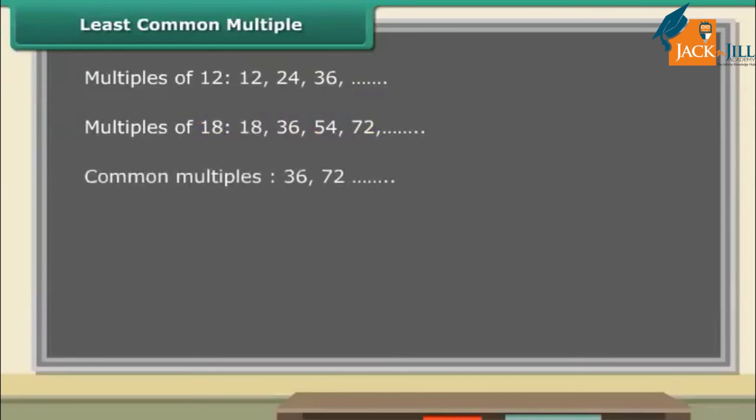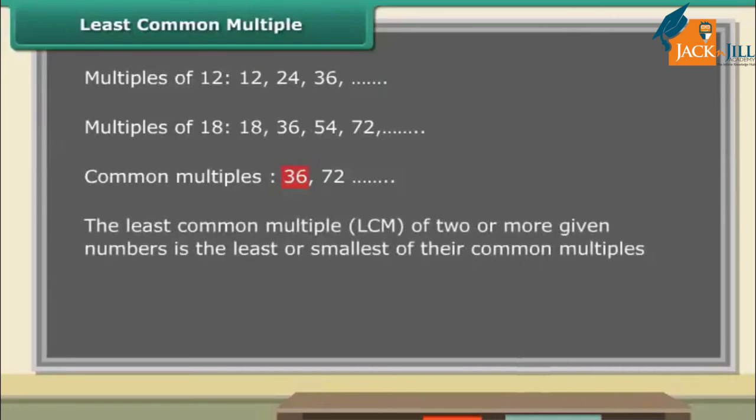The common multiples of both the numbers are 36, 72 and so on, but 36 is the smallest among these. Therefore, 36 is the LCM of 12 and 18. The least common multiple LCM of two or more given numbers is the least or smallest of their common multiples.